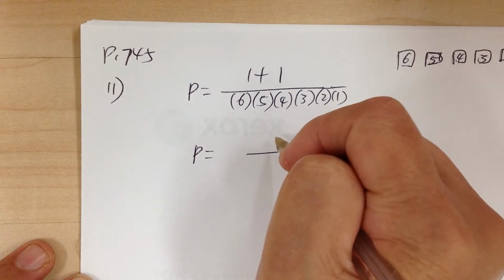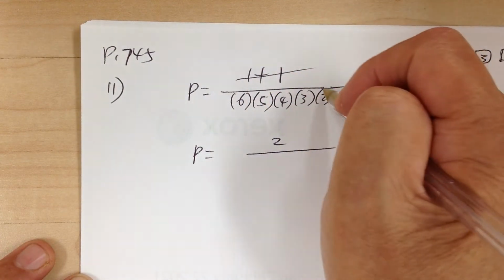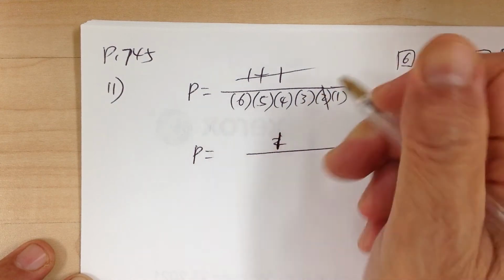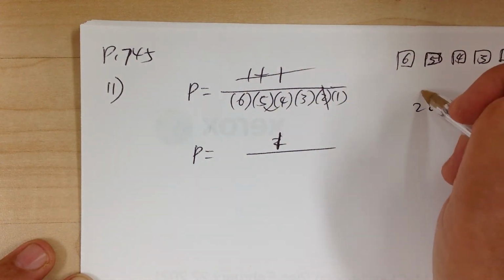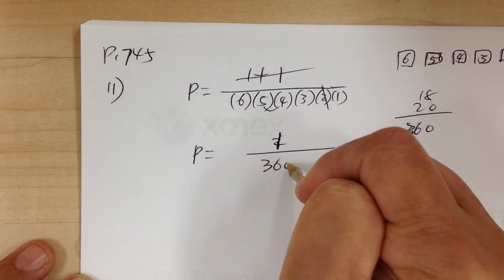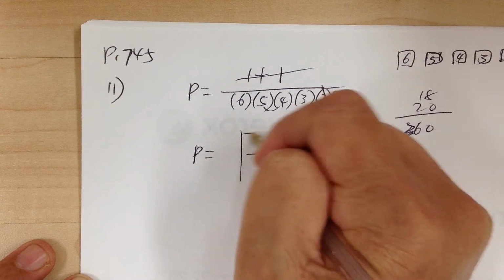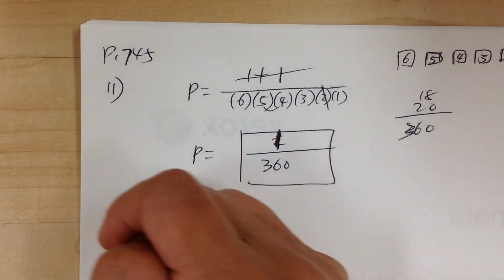And so this will equal 2 over, cancel with that. So it would be just 1 over, okay, so this would be 20, and this would be 18. So it would be 360. Okay, and that's it for number 11. Okay, we skip 13, so let's go to 15.